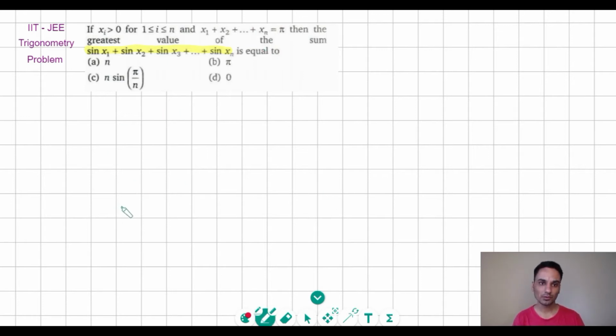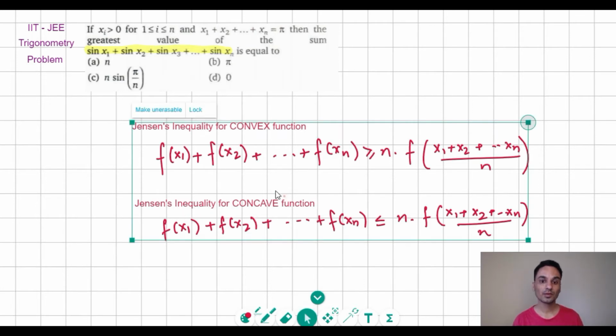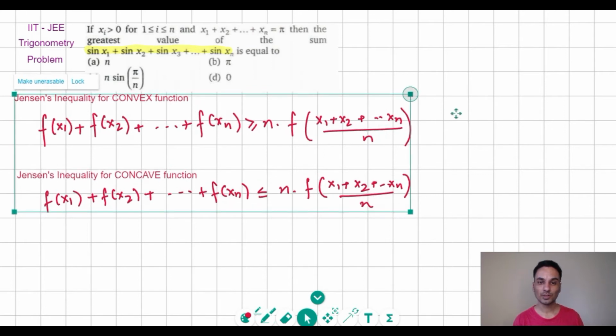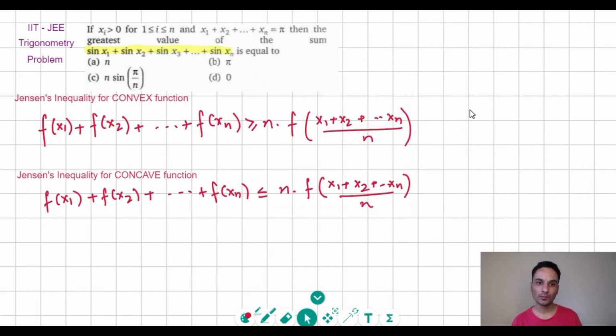In order to solve this question, we need to know a special property called Jensen inequality. Here it is. The Jensen inequality for a convex function f is that f of x1 plus f of x2 and so on up to f of xn is greater than or equal to n times f of (x1 plus x2 plus so on up to xn) divided by n.